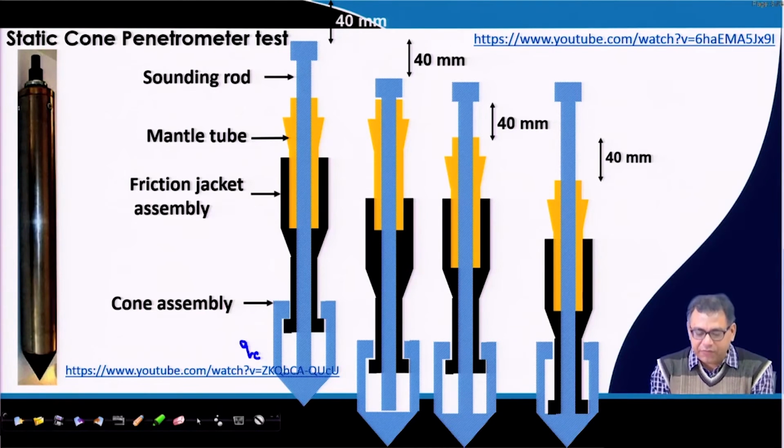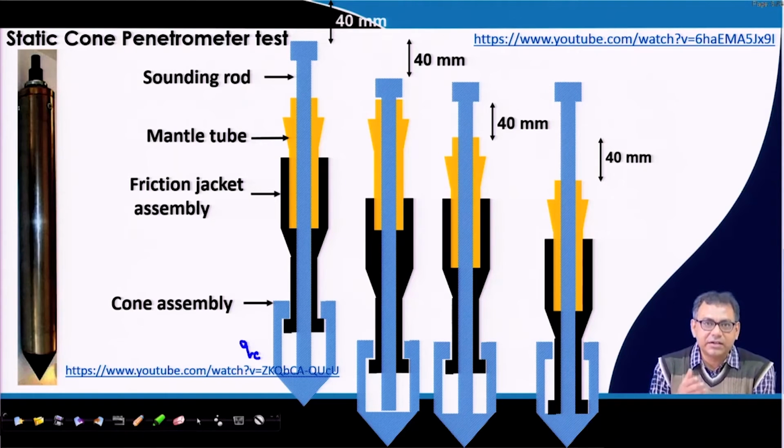So, remember that the first two stages are required to measure the resistance, but the second two stages are required to bring back this instrument to its original position. One question may come: in the second stage we push the friction jacket, and in the fourth stage also we push the friction jacket. Why?